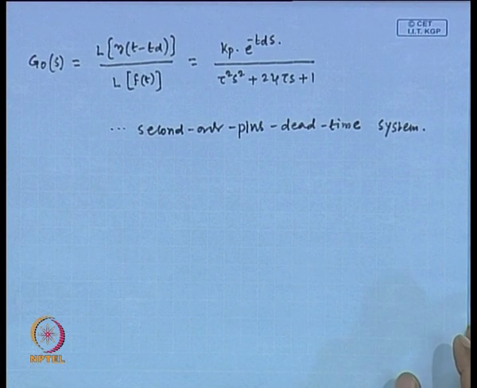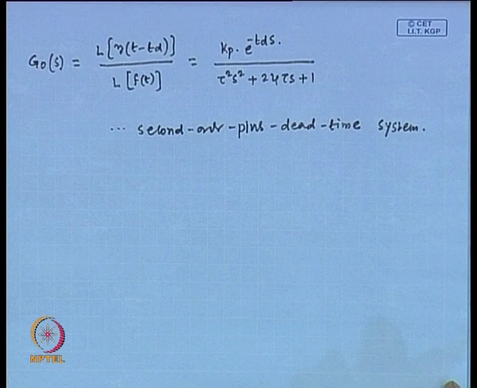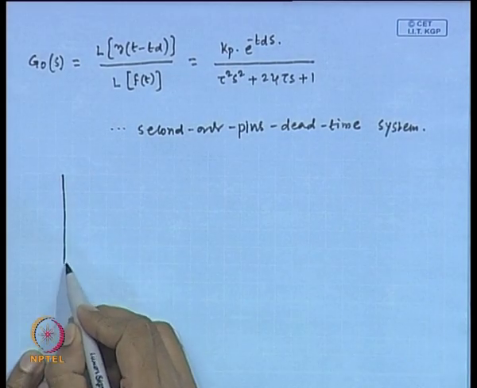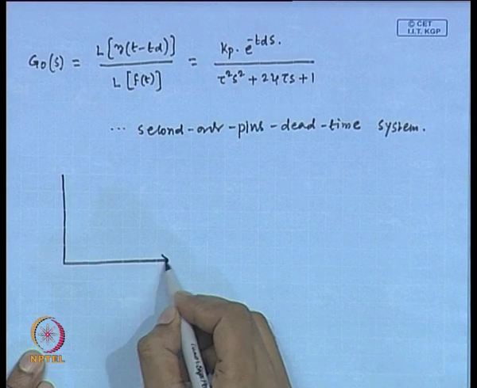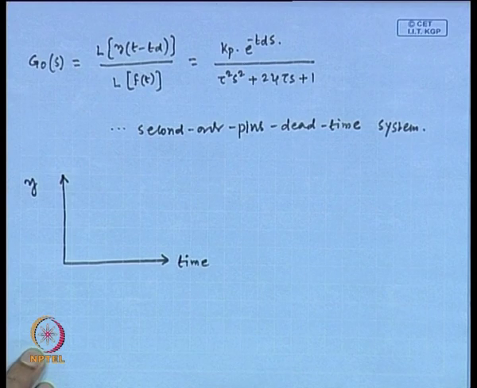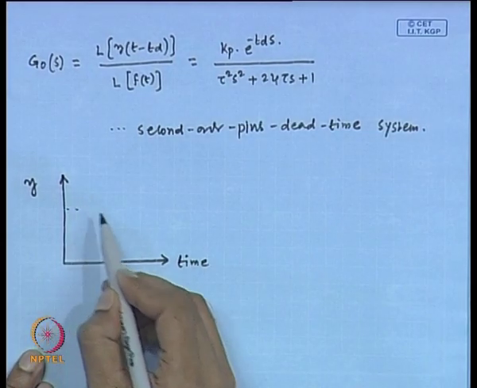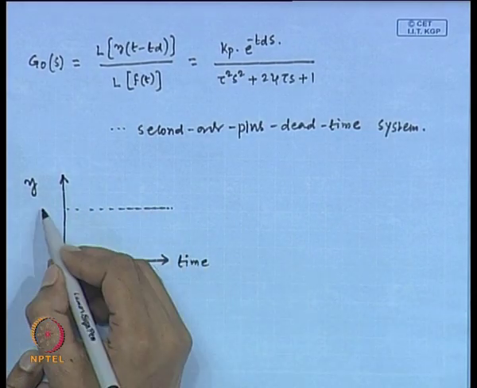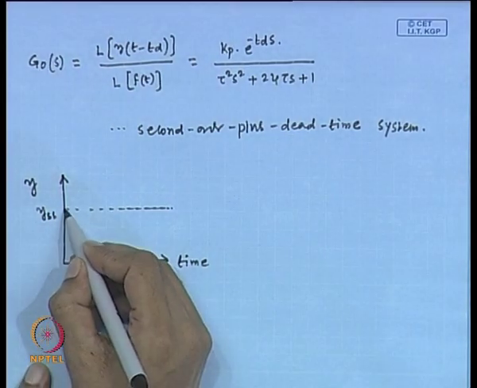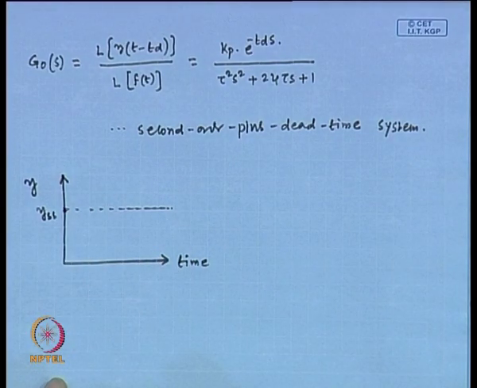Fine. Now, we want to represent graphically the first order and second order plus dead time systems. This is time and this is, suppose, y. This is the steady state of y. So, this value is representing y SS, that means steady state value of y.